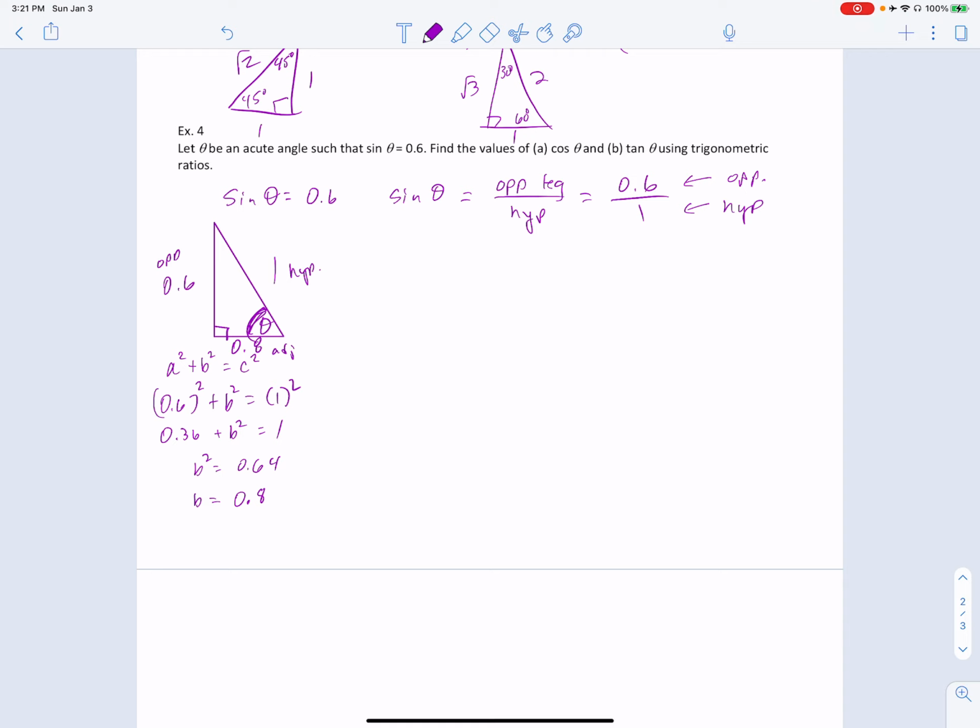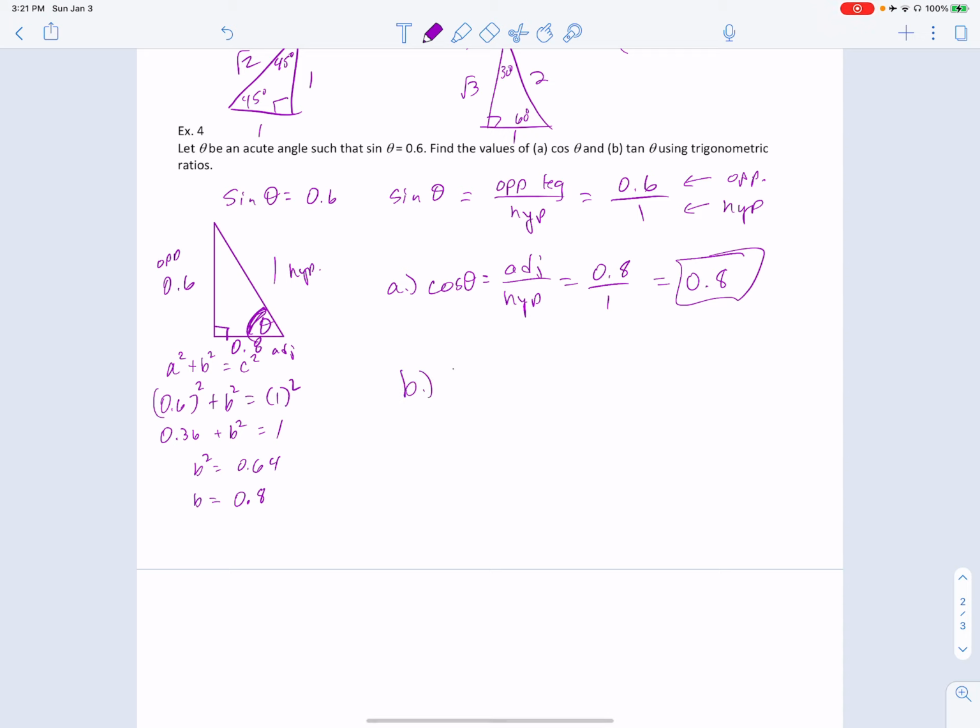And so now find the values of cosine and tangent. So for A, cosine of theta, I know that's adjacent over hypotenuse. And so that would be 0.8 over 1, and the cosine of theta is 0.8.